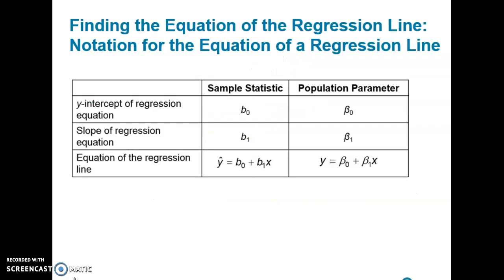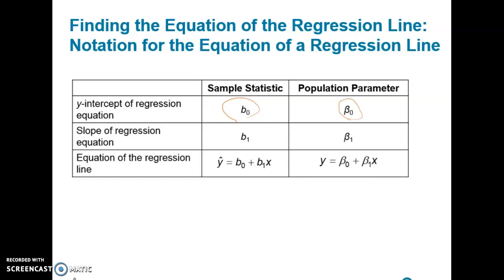You can see in this table here, we have just some of the notation that we use in statistics class. The y-intercept of a regression equation I just told you is b naught, and that's talking about sample data. If we were talking about population parameter, we have the capital Greek letter for b.